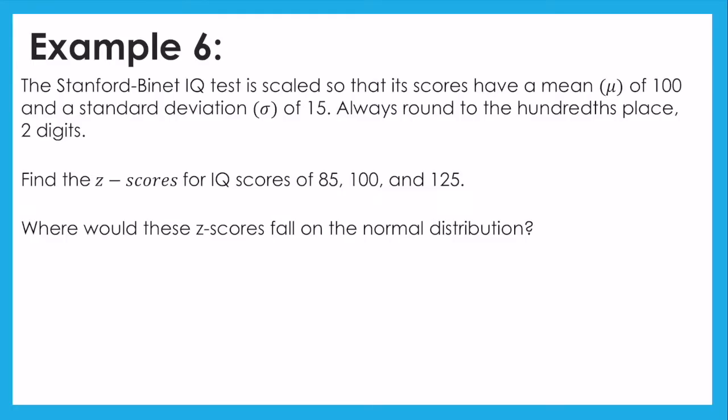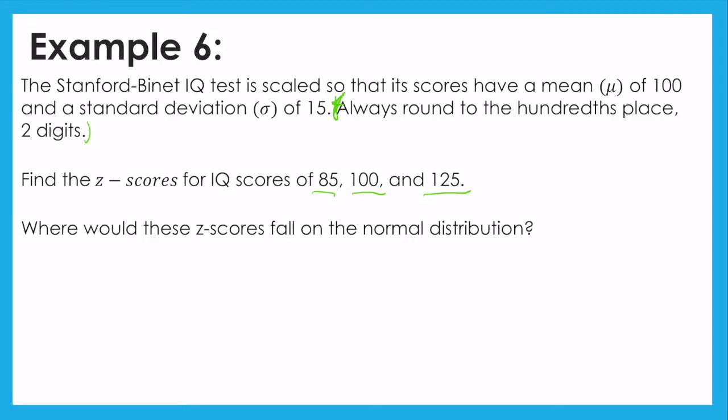The Stanford-Binet IQ test is scaled so that its scores have a mean of 100 and a standard deviation of 15. We want to always round our Z-scores to the hundredth place, so 2 digits. Friendly new thing. So let's find the Z-scores for IQ scores of 85, 100, and 125.